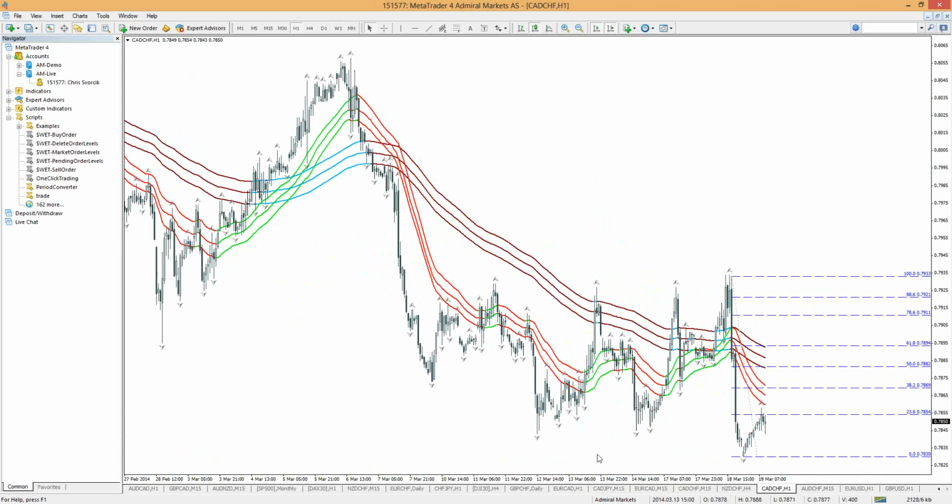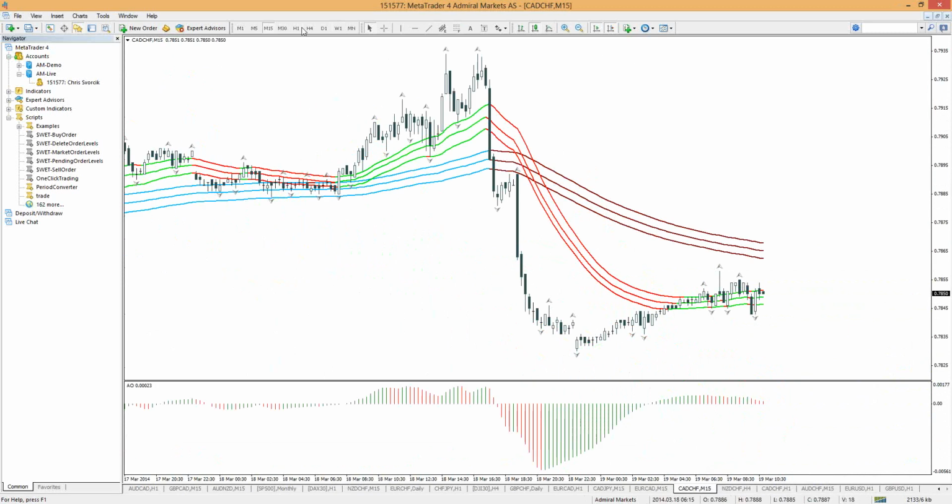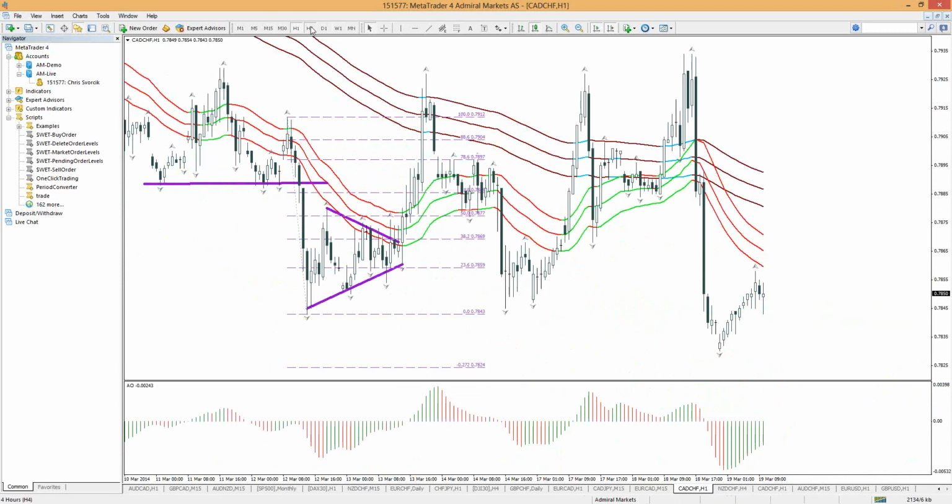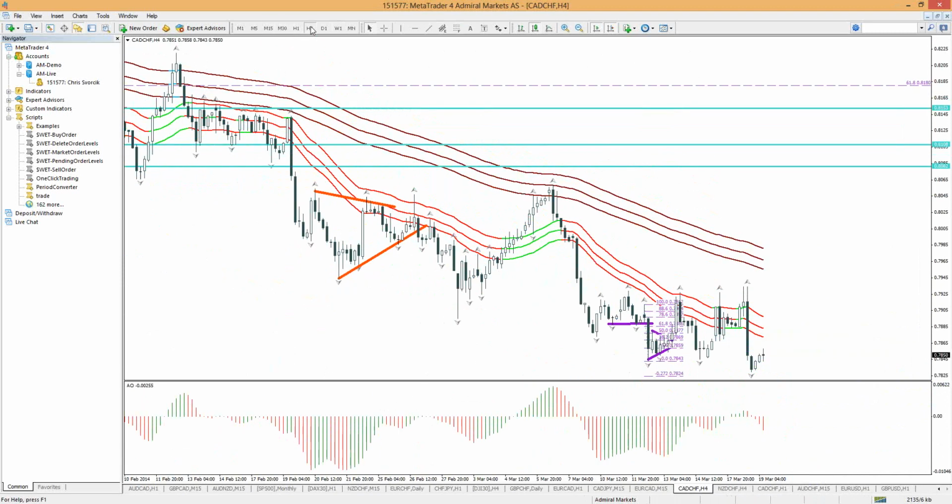But let's see, it's a bit choppy, so maybe forget that idea. This is quite choppy, but this was a very good impulse, so it seemed like one more downside seems logical, but that's the same CAD Swissy, sorry.